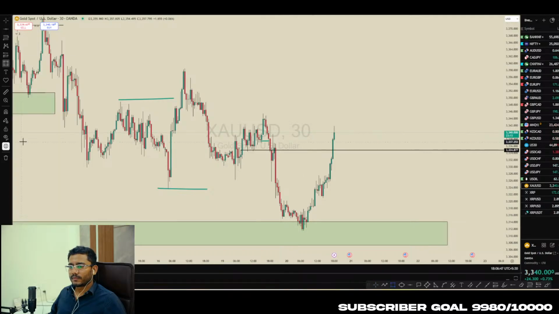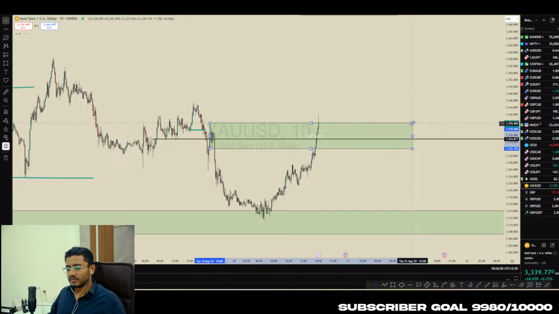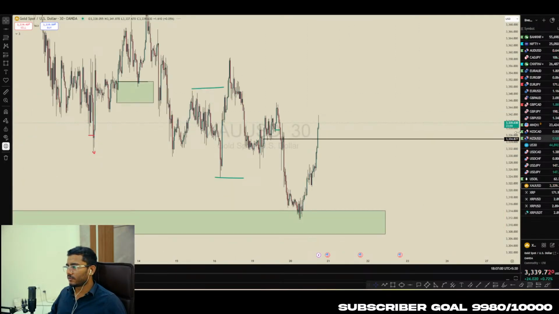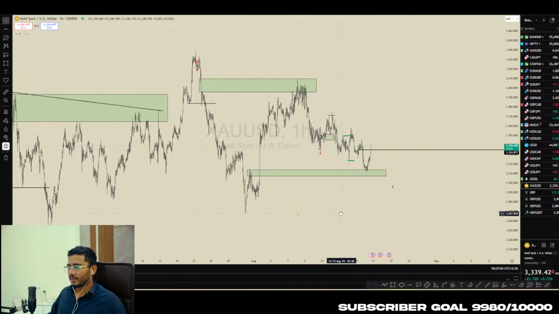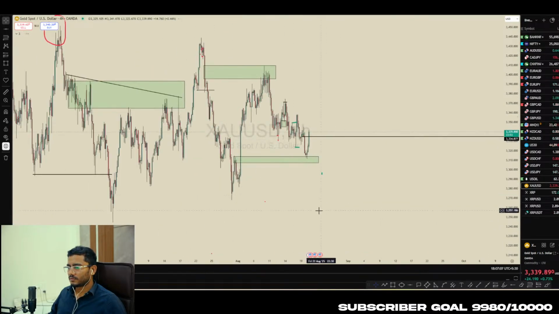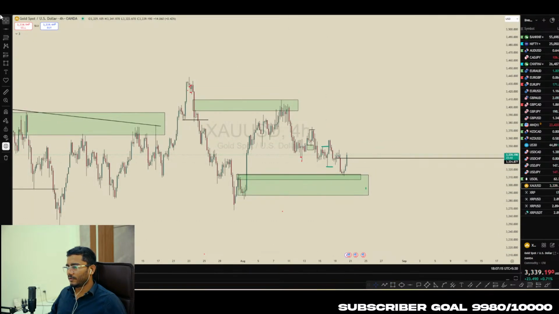Let's see how. Okay. So here price has broken this structure, like this order block, which swept out this previous liquidity, and now it is going to the upside. So right now we don't have an entry because overall the structure, if you look at it like this, price has tapped this breaker block, and now probably it will break the previous structure and it can continue to the upside.